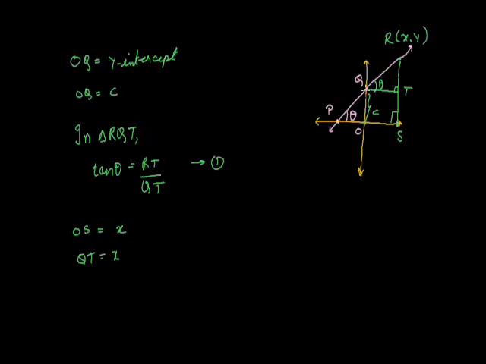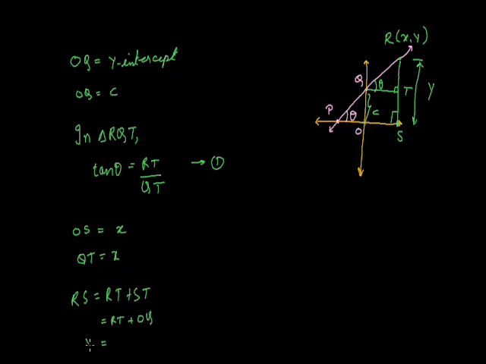Now I see that this distance from the x-axis, RS, is represented by the y coordinate of point R. Hence the whole RS becomes y. But I know that RS is equal to RT plus ST. Now since ST is equal to QO, I can write RT plus OQ.